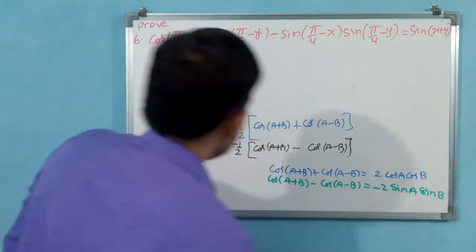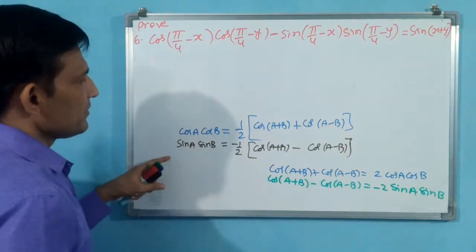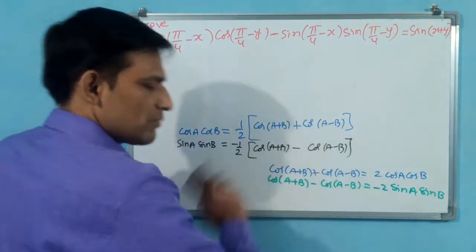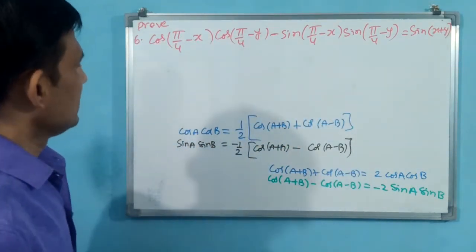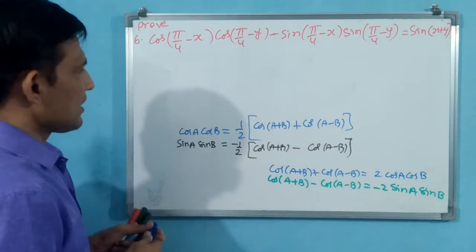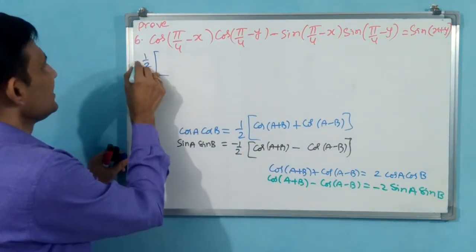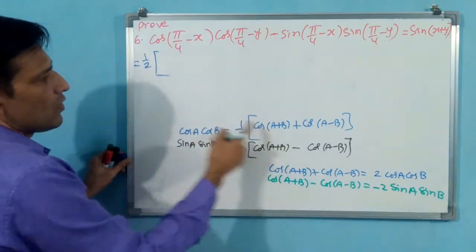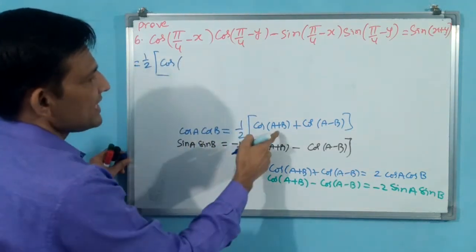Okay, let us do it. Until space is there we will do, then we will rub this one. First, cos a cos b I am converting. 1 by 2 is equal to 1 by 2 cos of a plus b. You see what is a here?